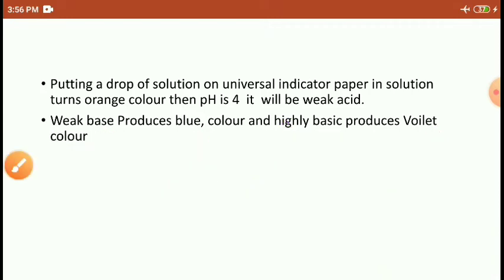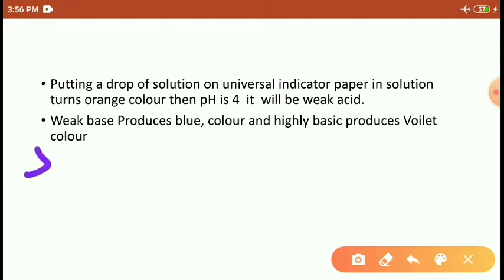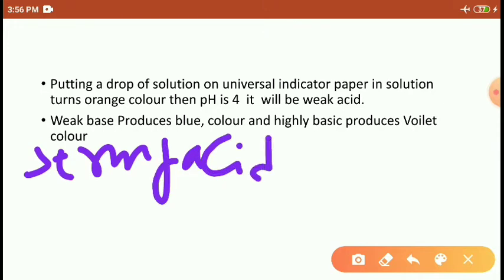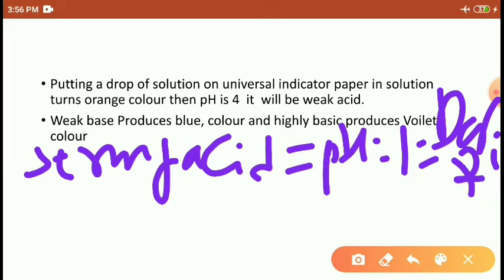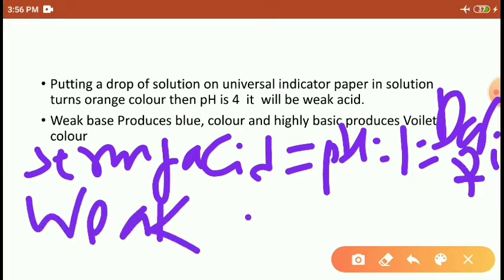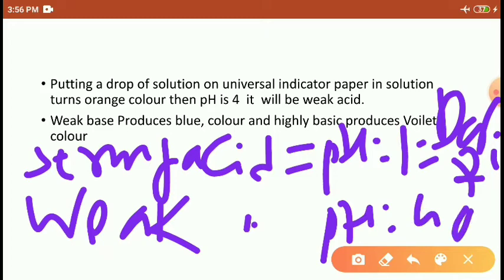Right, students? So keep one thing in your mind: a strong acid has pH 0 or 1, which is dark red color. A weak acid has pH 4, which is just orange color.